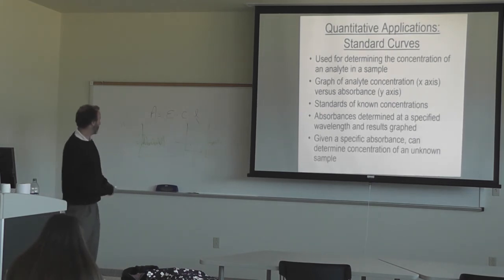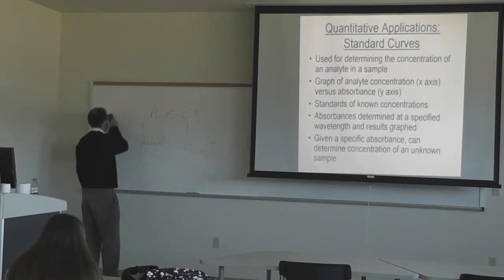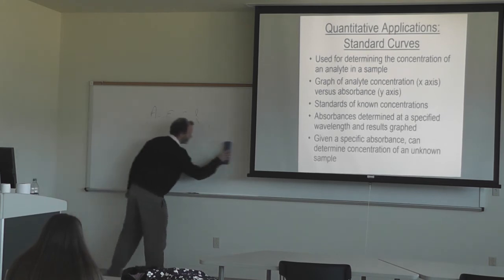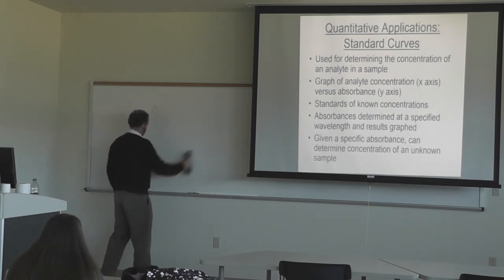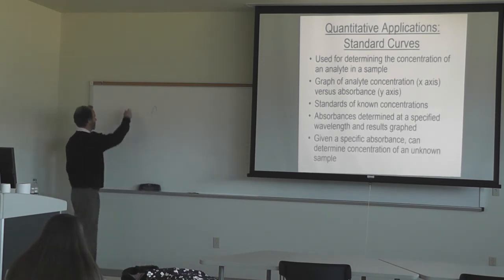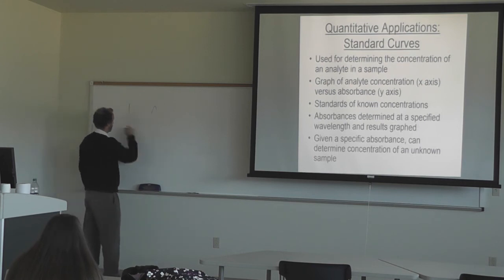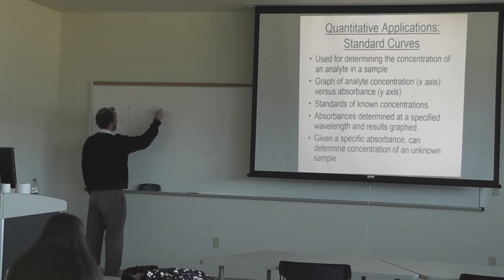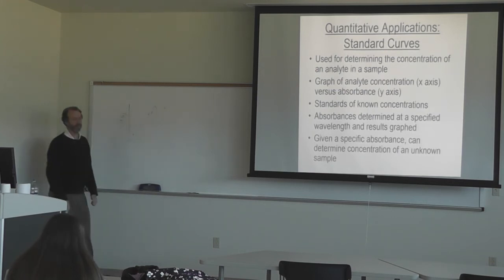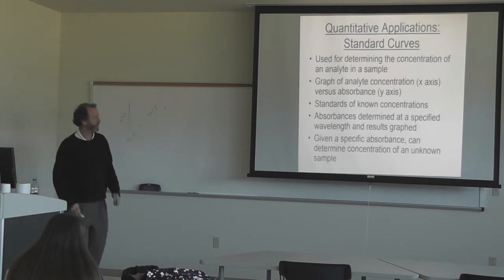What you guys will see when we do the lab, hopefully if it works the way it did last year, is you'll have your known concentrations. This is your ABS. And you'll be given a series of standards, and it'll look something like that. Okay?